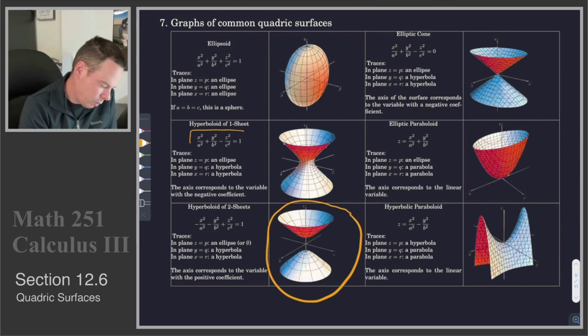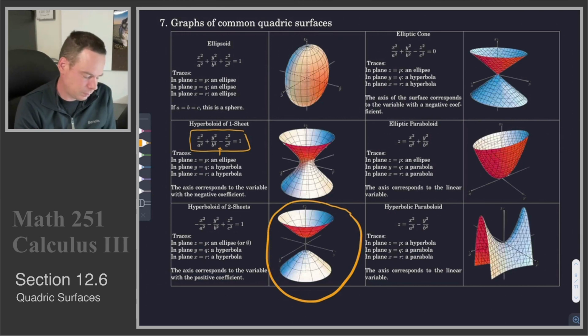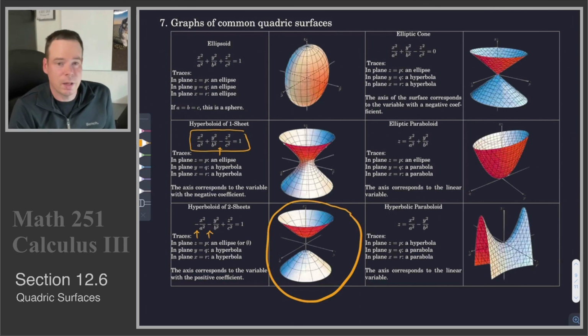The hyperboloid of one sheet just had one negative sign in it, and then there was a 1 on the right hand side of the equation, whereas the hyperboloid of two sheets has two negative signs in it, and we've got 1 on the other side of the equation. So these are both known as hyperboloids.